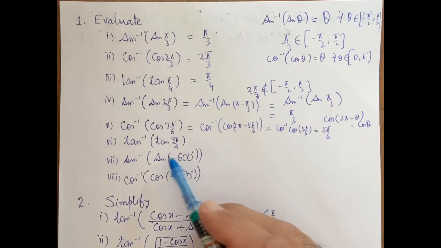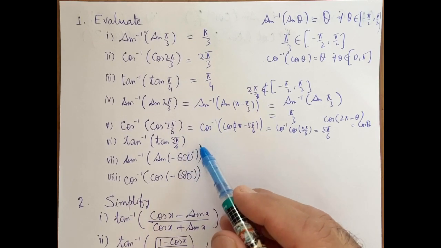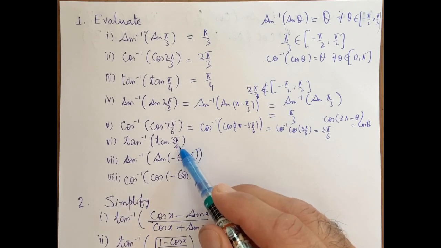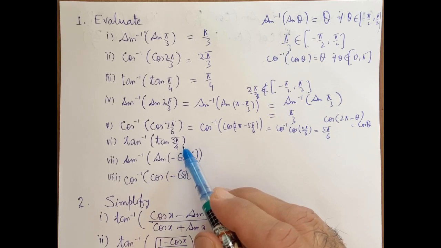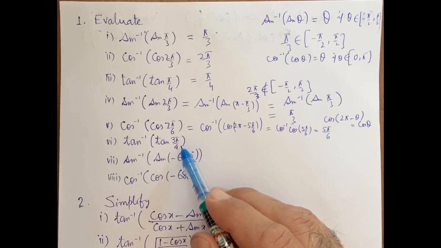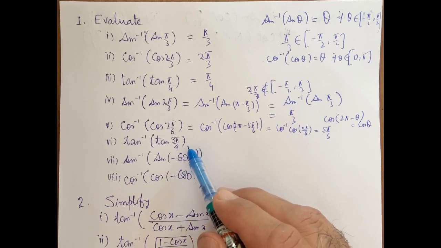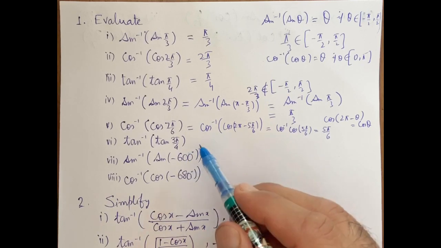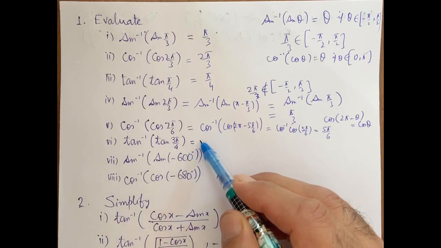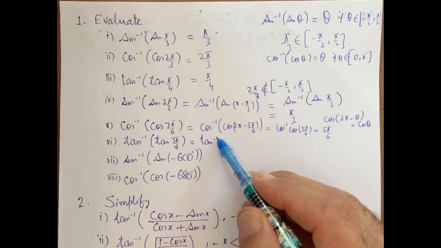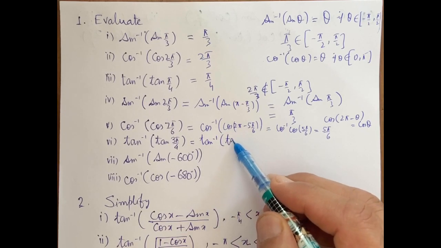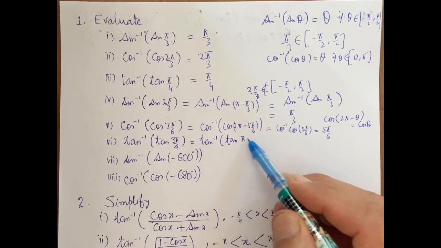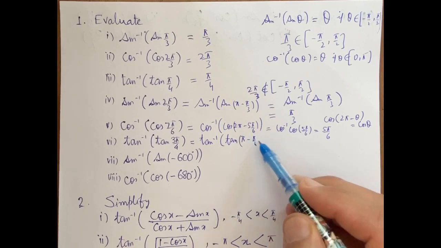Next one, tan inverse of tan 3 pi by 4. 3 pi by 4 doesn't belong to the range of values for tan inverse function, which is open interval minus pi by 2 to plus pi by 2. So using allied angles, this can be written tan inverse of tan of 3 pi by 4 is pi minus pi by 4.